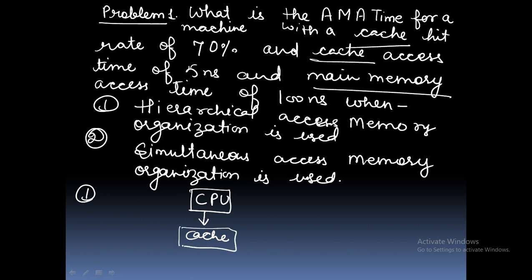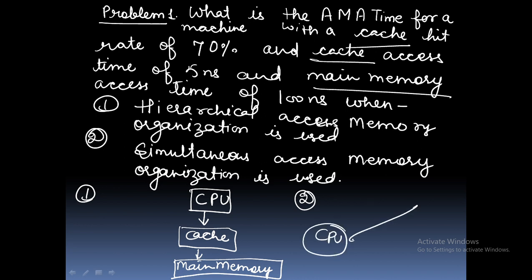We have two memories given, cache memory and main memory. Or according to the second point, you can draw it like this: cache memory and main memory.